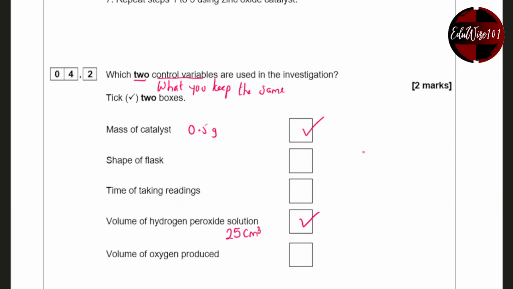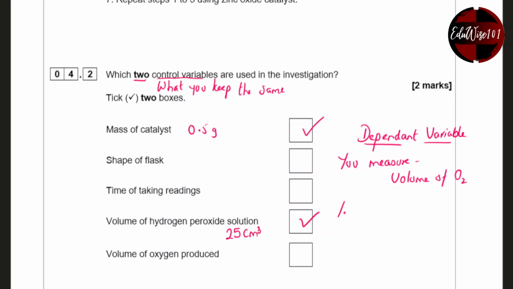So while we're here, remember, there are two other types of variables. Dependent variable is what you measure. So in this practical it is the volume of oxygen.